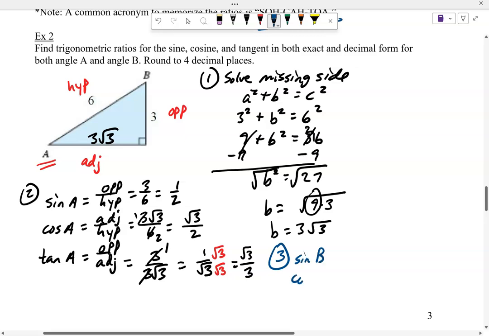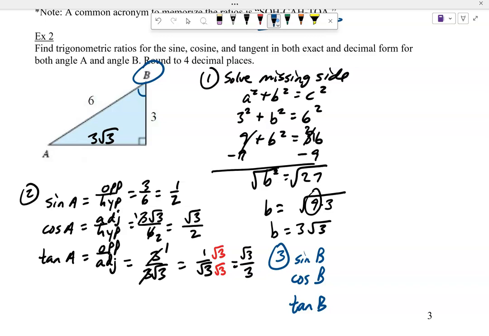Sine of angle B, cosine angle B, tangent angle B. Now, if I'm looking at B, this angle right there, angle B, the opposite side would be who? 3 root 3. Hopefully you note that's now my opposite side. Hypotenuse is still the same hypotenuse. The adjacent leg, or the leg next to it, would be right there.